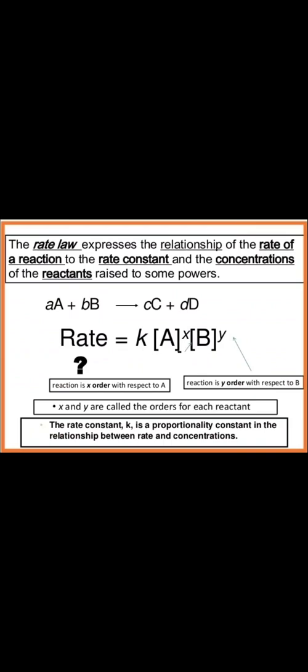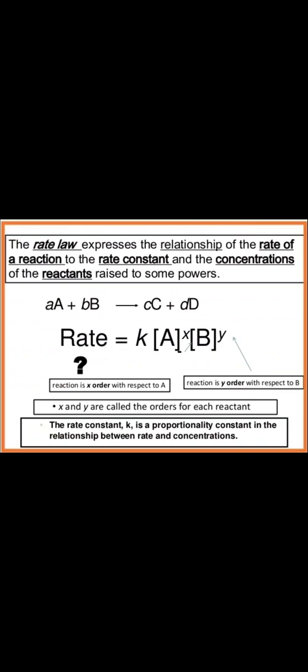Keep in mind, X and Y are experimentally determined quantities. We cannot write them just using the stoichiometric powers of the reaction. From the values of A and B we cannot determine the values of X and Y. To find the values of X and Y we need experimental data; that is, it is only an experimentally determined quantity.